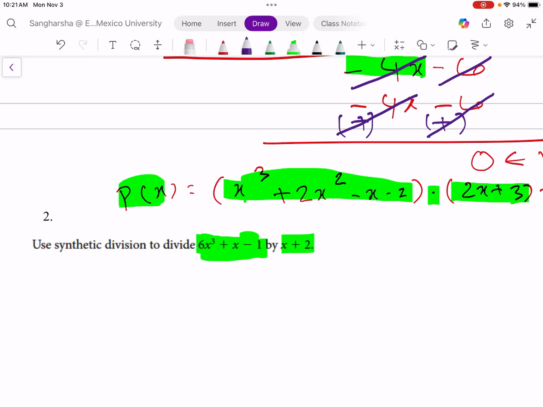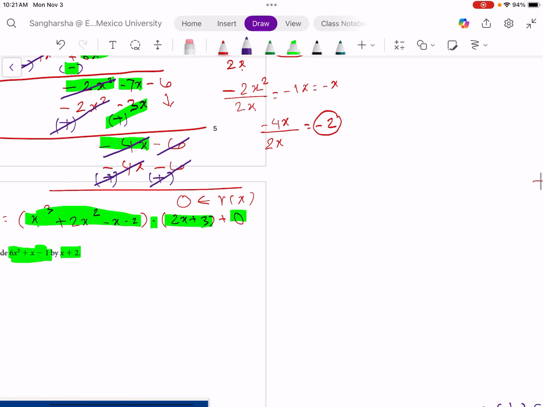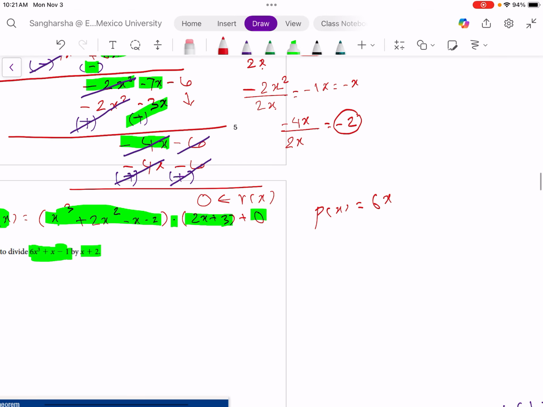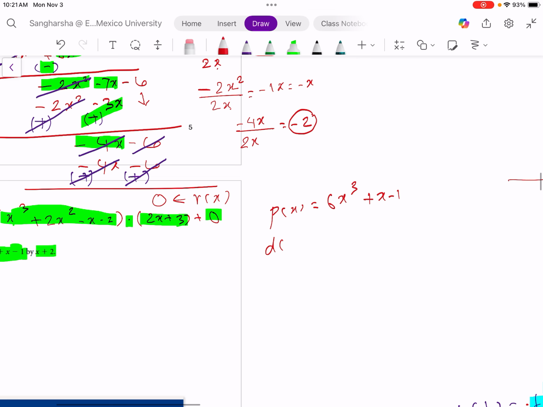So this is still going to be long division. So our polynomial p of x is 6x cubed plus x minus 1, and we are dividing this polynomial by x plus 2. So this is our divisor.